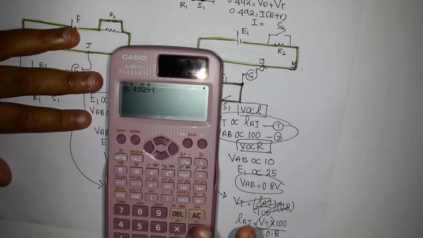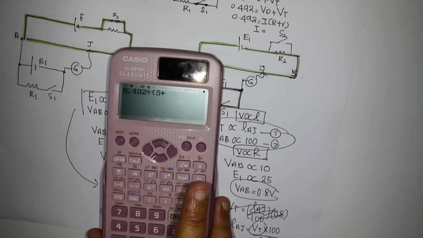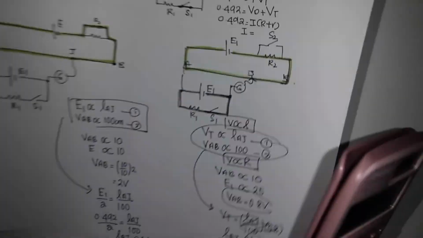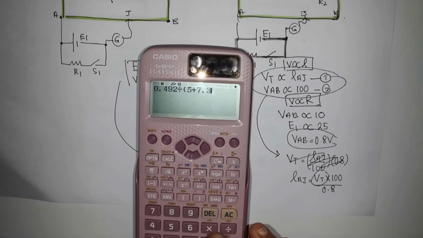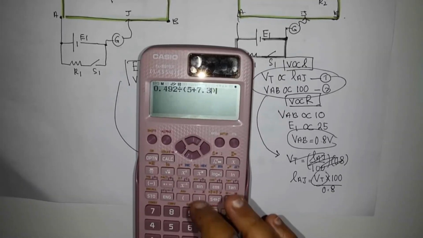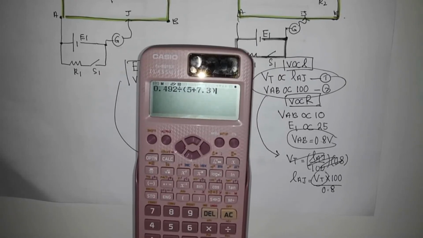Resistance R1 is 5, so 5 plus 7.3. R1 is 5, right? Doesn't make sense, internal resistance is greater than the resistance. Okay, anyway, we just do the question.